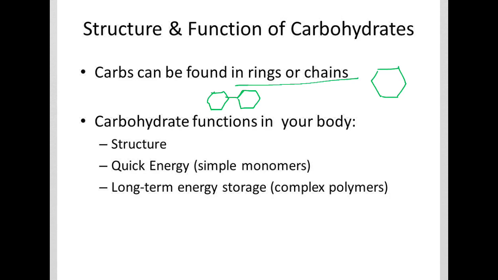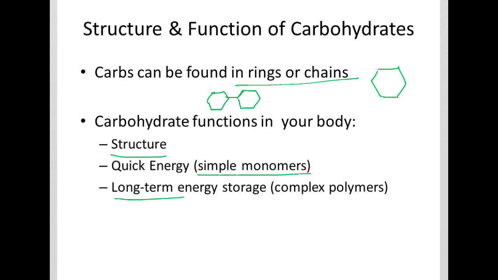Carbohydrates have multiple functions in your body, and these are some pretty basic functions. They are involved in the structure of certain items. For example, carbohydrates will be involved in the cell walls of plants, creating structure. Simple monomers like glucose will be involved in getting quick bursts of energy. If you think of candy and sugar, quick bursts of energy.